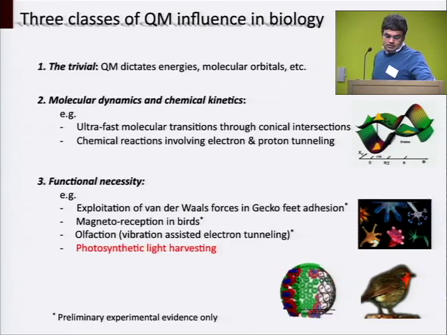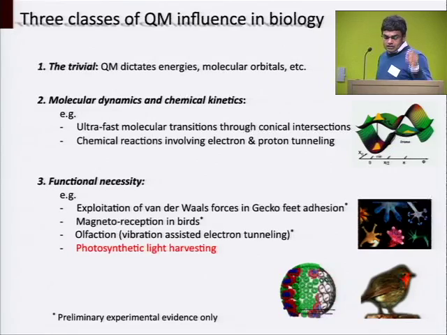Quantum mechanics dictates energy levels, molecular orbitals, and so on. But does that really tell us anything new? The next level up, which is more interesting, is the level of molecular dynamics and chemical kinetics. For the vast majority of systems of biological interest, you can describe chemical kinetics and molecular dynamics by just classical physics, right? But in a few cases, there are quantum corrections which turn out to be significant.